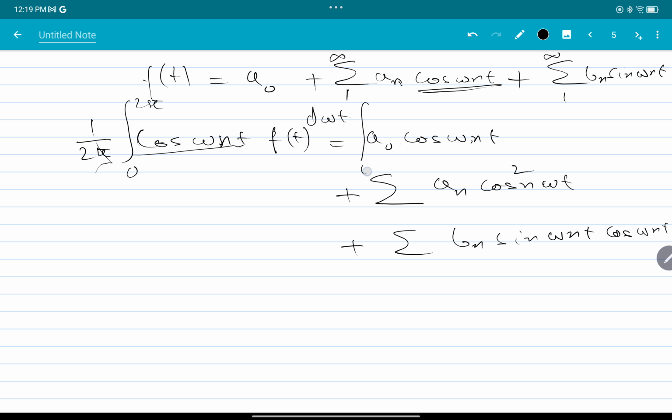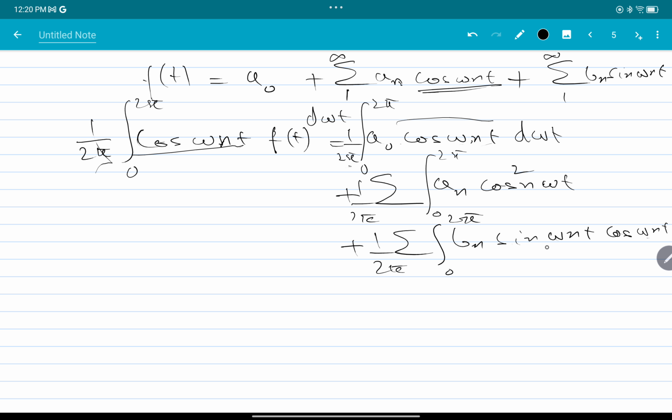Then see what will happen. This will vanish, it is simply the average value of cos omega n t, which is 0.